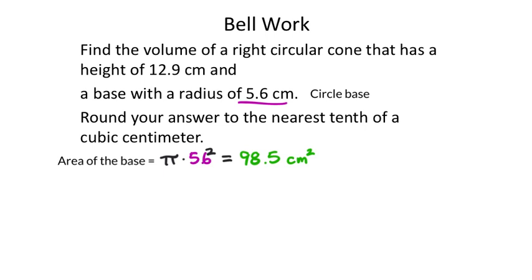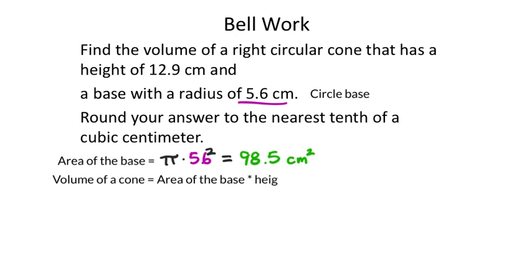Now that's the area of the base. So in order to find the volume of a cone, there's a couple of different ways to look at it. You look at the area of the base and then multiply it by the height.